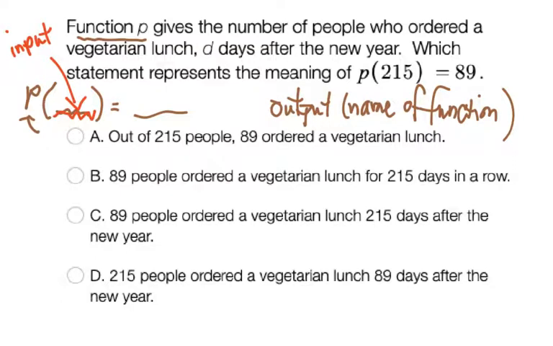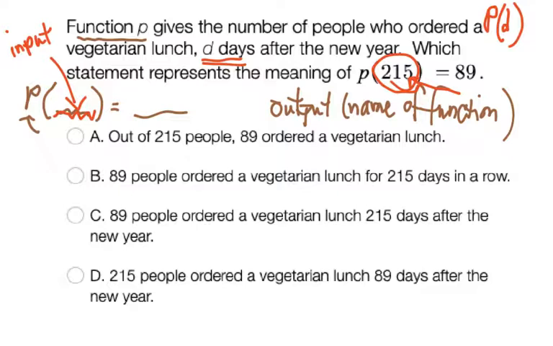So take a look. Here's my input. D days. So this is P of D. D is the days.